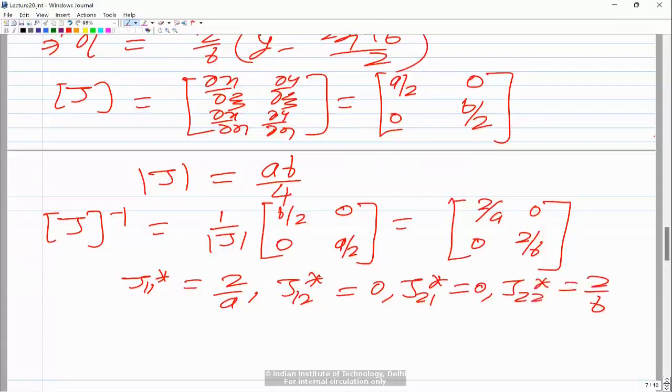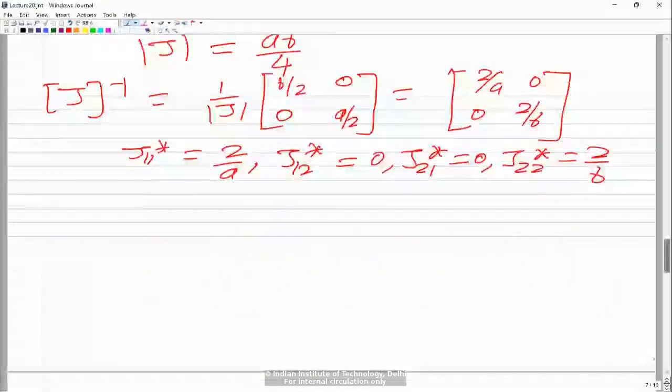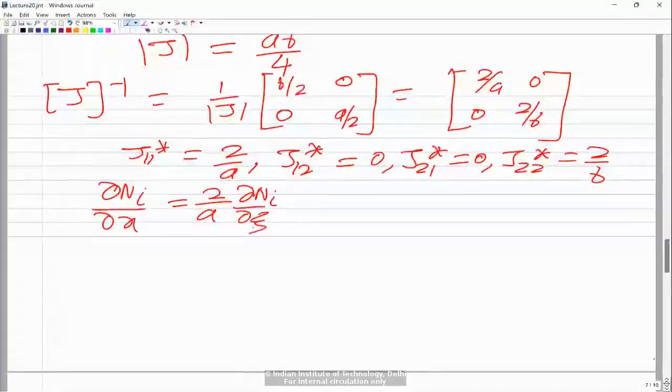Now for this particular case of the rectangular element, if you want the derivatives of the shape functions with respect to x and y, if I have any shape function Ni, you would see that del Ni by del x would be equal to J11 star into del Ni by del xi. J11 star is 2 upon a, plus we have J12 star into del Ni by del eta, but J12 star is 0, so we only have this term.